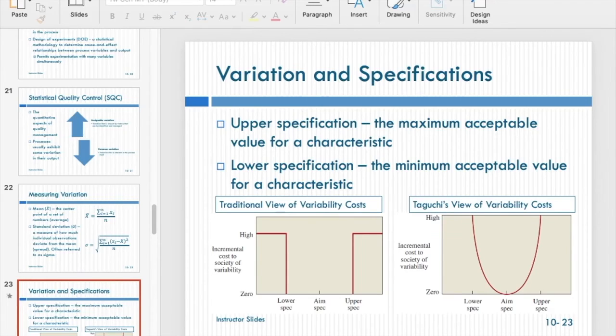Here it's continuous and more intuitive, because if the product is closer to the target, it has higher quality. But since there is no hard rule or hard boundary, how we define whether a product is acceptable becomes more difficult. That's why it also has its own problem.